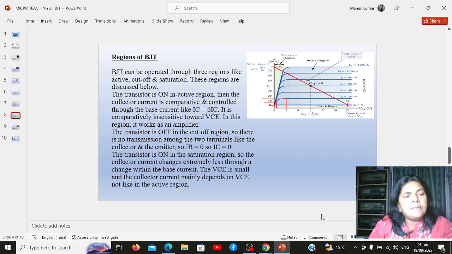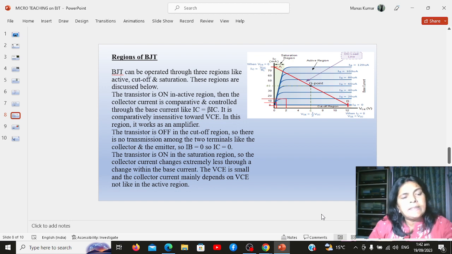In general, the emitter-base junction of the BJT is forward biased, whereas the collector-base junction is reverse biased. The resistance of the forward biased junction is very small as compared to that of the reverse biased junction.